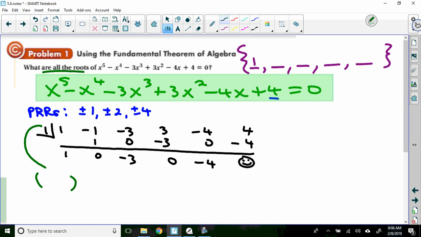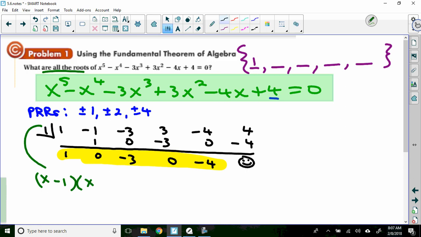Awesome, x minus 1, thank you, x minus 1. So we had a 5th degree polynomial. We cut it down by 1 degree. So all of these coefficients here that remain represent the coefficients of a polynomial that's 1 degree smaller.